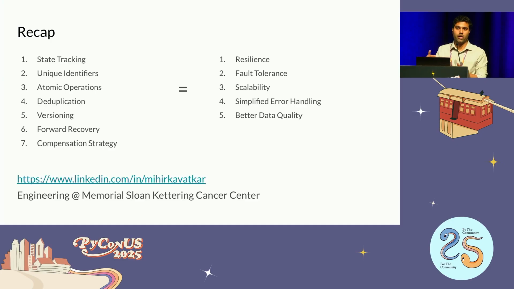And then you can retry, and depending on your business use case, you can use idempotent keys or state tracking to again retry, or do a forward recovery. If in your case atomicity or strict atomicity is not possible, you can use compensation strategies. I've used compensation strategies before in event sourcing applications, and it helps.